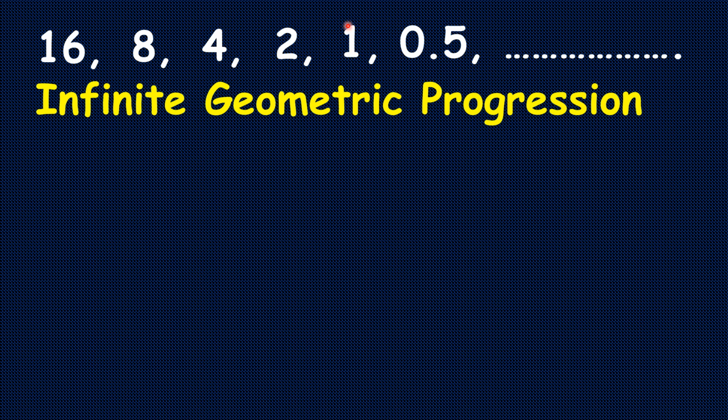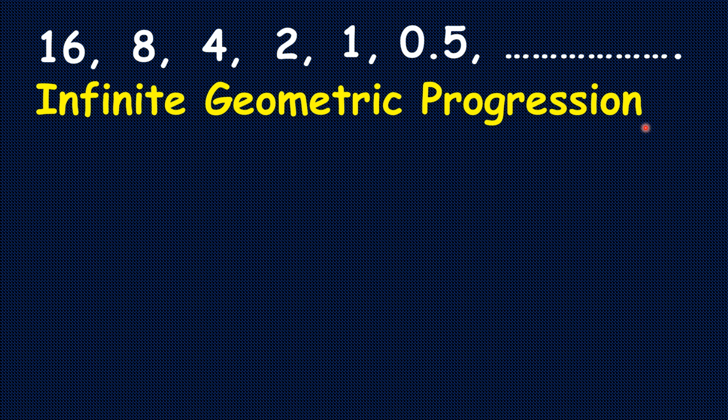And then 1 divided by 2 is half. 0.5 divided by 1 is 0.5, and 0.5 is half. Now we have the dots going on, which is why we said it is infinite. Now we established a common ratio of half, and that makes it a geometric progression.